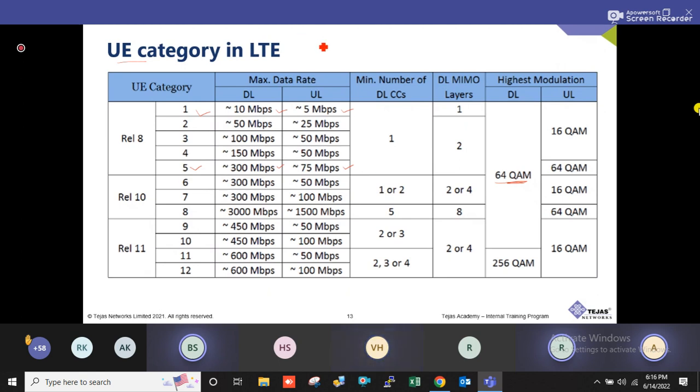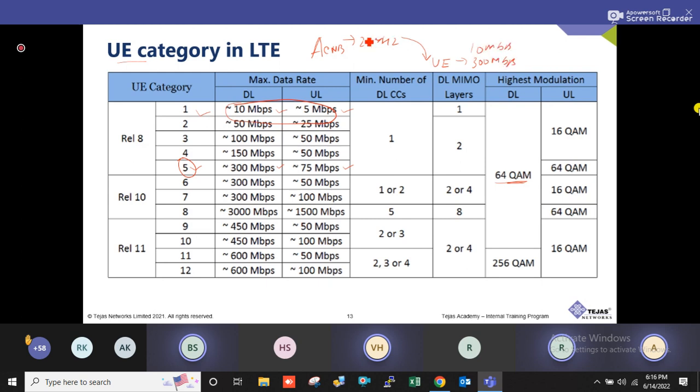So always remember this, even if I have an eNodeB with, let's say, 20 megahertz and many other features, the throughput also depends on what sort of mobile you have got. If I have a category 5 mobile, it can decode a higher data rate, whereas if I carry only a category 1 mobile, it can decode only 10 Mbps in one second.